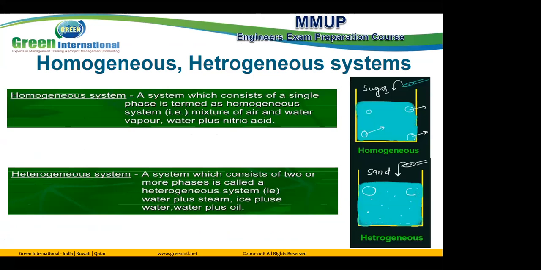Homogeneous and heterogeneous systems, easy definitions and difference between the two. A homogeneous system is when I have different materials, but if we mix them together we obtain one single phase, like sugar and water. A heterogeneous system is when we have different substances and we mix them together, but they are still not totally mixed and have more than one phase.